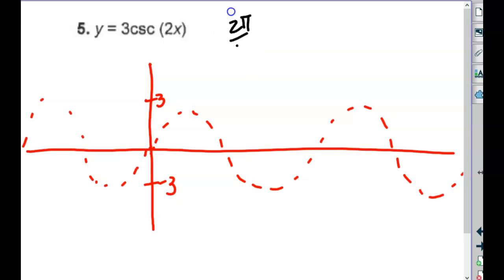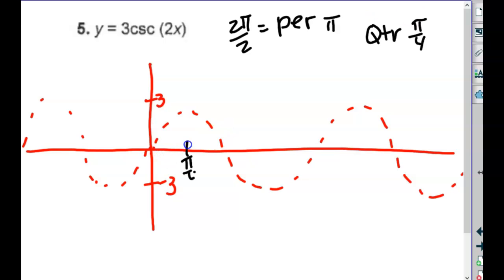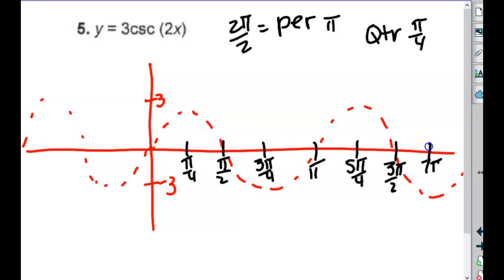Okay, 2 pi over 2 makes the period pi, which means the quarter points are every what? 1/4 of a pi. So there's a pi over 4, 2 pi over 4, which would be a pi over 2, 3 pi over 4, 4 pi over 4, 5 pi over 4, 6 pi over 4, which is 3 halves, 7 pi over 4, 8 pi over 4 would be 2 pi.